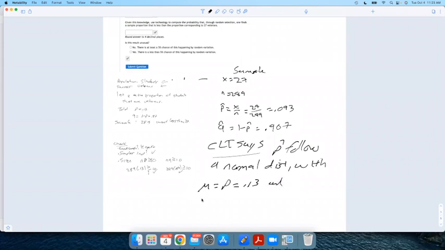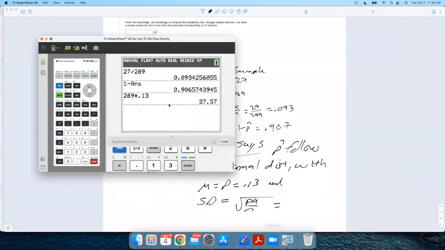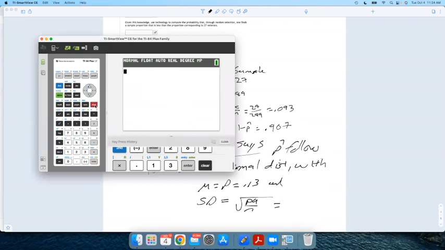And the standard deviation is the square root of PQ over N. So we're going to have to calculate this. A lot of mistakes happen calculating this. You got to be really careful. Check this as I do it. Check it on your own calculator. Make sure you know how to use your calculator. I want the square root of P times Q, 0.13 times 0.87, divided by N, 289.